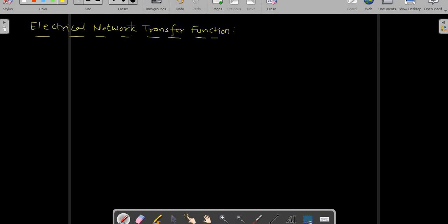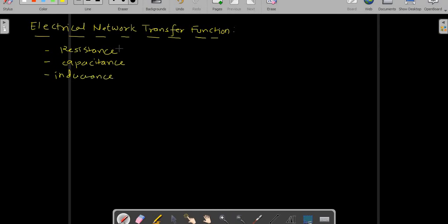Now when we talk about electrical network, we need to understand that the equivalent circuit for the electrical network consists of three main passive elements. And what are these passive elements? These are resistance, capacitance and inductance.